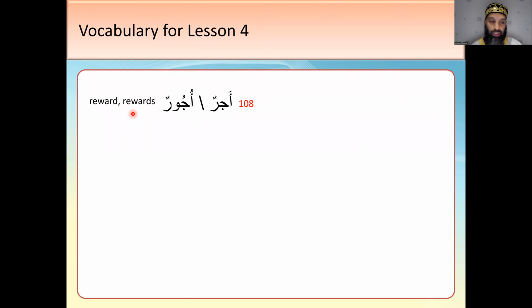Ujurun is rewards. Alimun. What is alimun? Painful, torturous. May Allah subhanahu wa ta'ala protect us from the painful punishment. Qalbun, heart and hearts. Excellent.